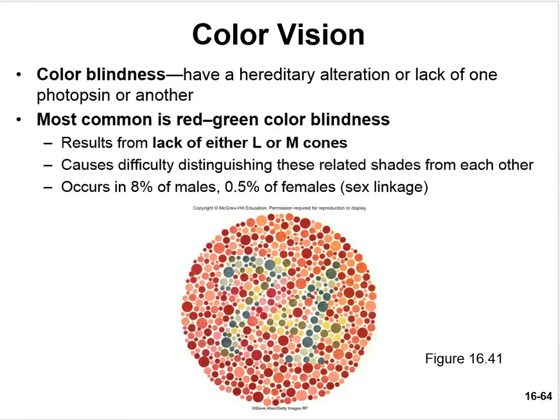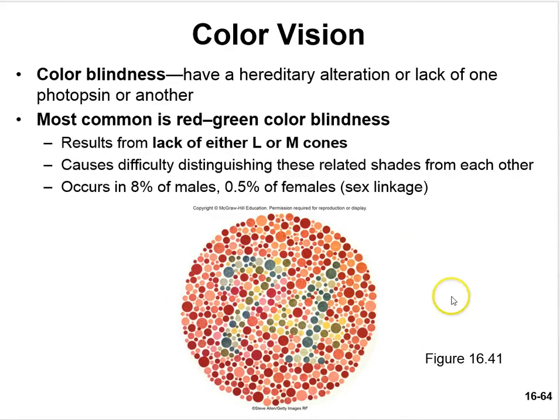For color vision, there's a sex-linked recessive disorder called red-green color blindness, which is more common in men, where they lack one of the different pigments or the functioning of their cone cells. So if they were to look at this picture here, they would not see that number in there.